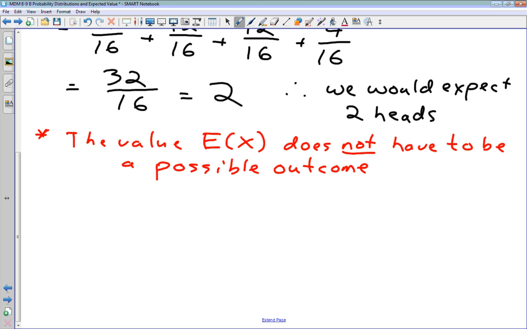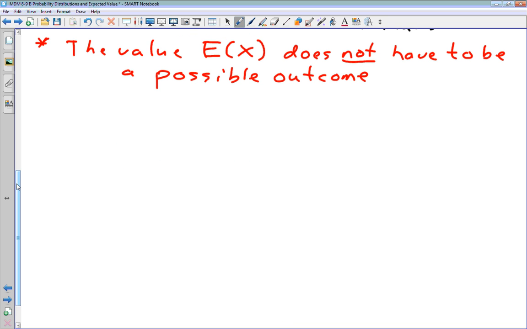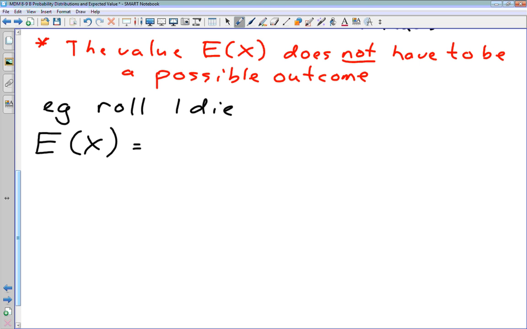A good example of this might be, let's say our experiment is rolling a die. What is our expected value for what is going to turn up? The possible values are 1, 2, 3, 4, 5, and 6. Each one of these has the same probability, 1 over 6.